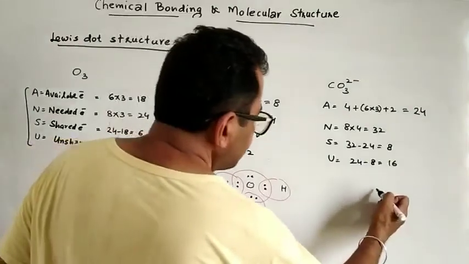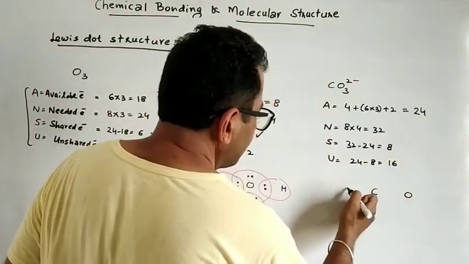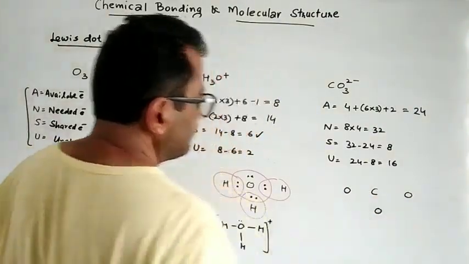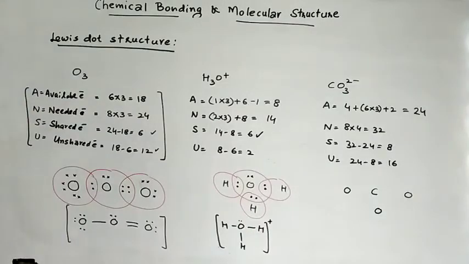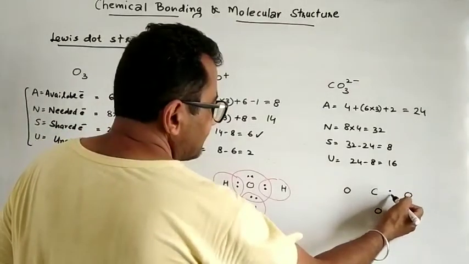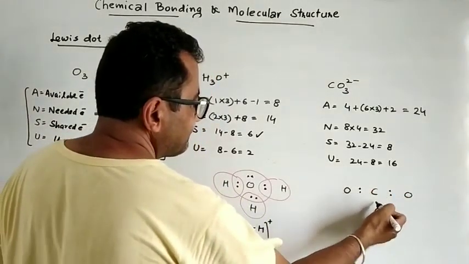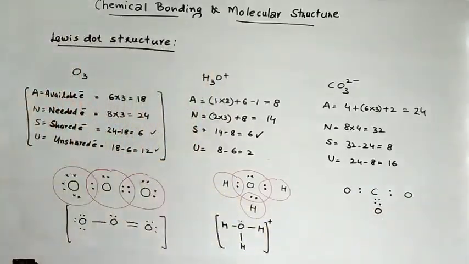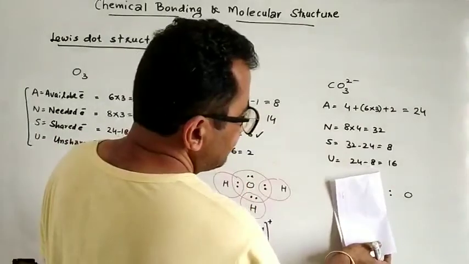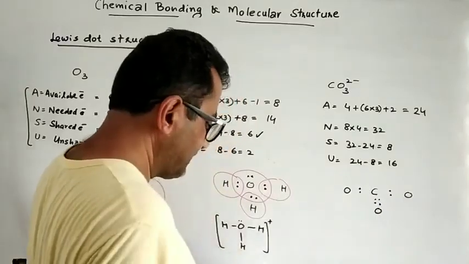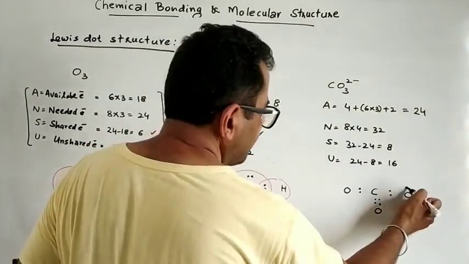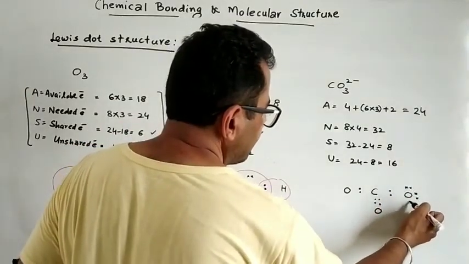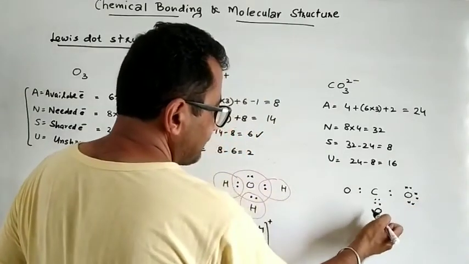Carbonate ion: C, O, O, O. How many shared? 8. First in pairs, and on any side you can write 4. Now for unshared, this oxygen has only 2, so give it 6 more. This carbon has 8 already.